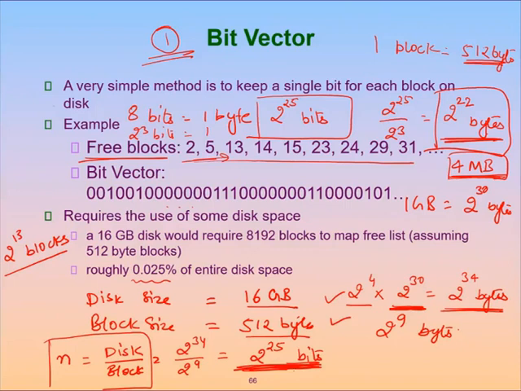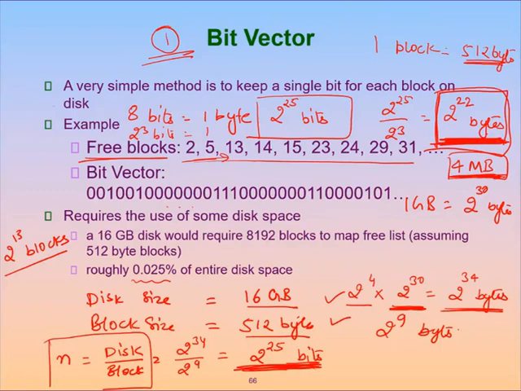If you convert this into MB, you reach this level. Because these are bits, if you convert them into bytes, you get 2 to the power 22 bytes, because 8 bits make 1 byte, so you divide by 2 to the power 3. This much information you have to store. Now, how many blocks are required to store this bit vector?